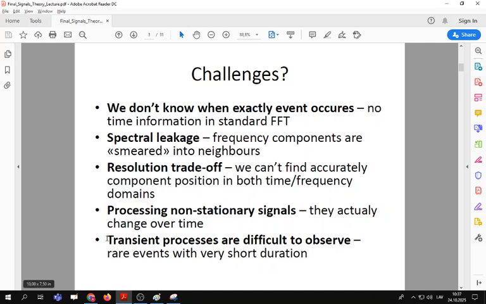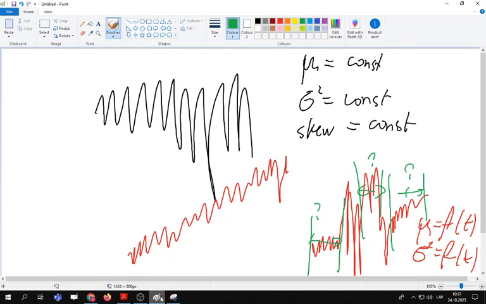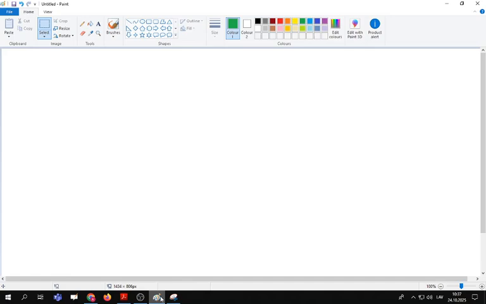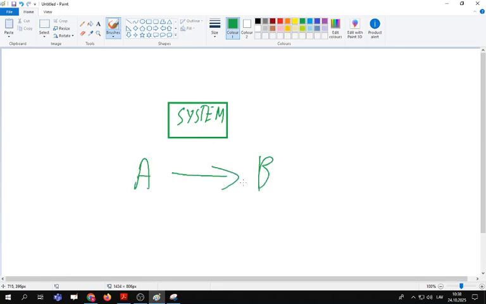And of course there is also one more important thing called a transient process. A transient process is something that happens like a transition when a system goes from state A into state B. In the majority of real world applications, we can say, okay, we have some kind of system, which is now going from state A into state B. And in the majority of real world systems, this transition cannot happen in one moment of time.